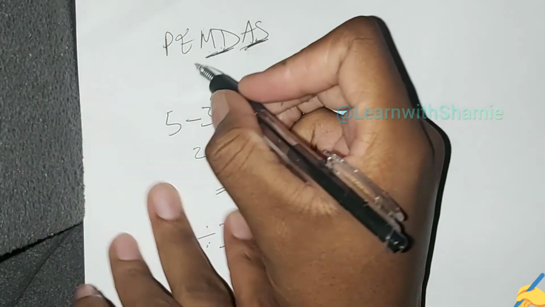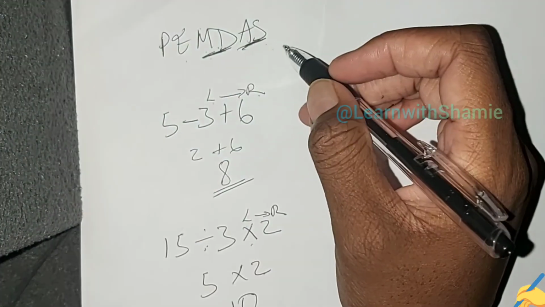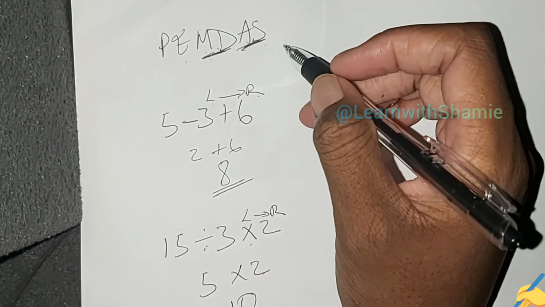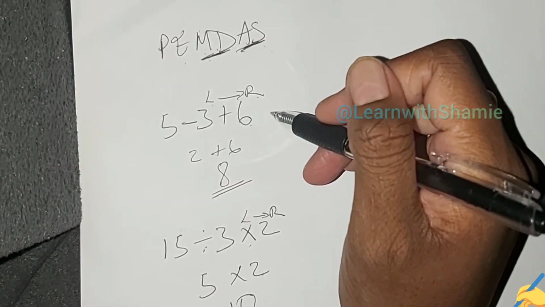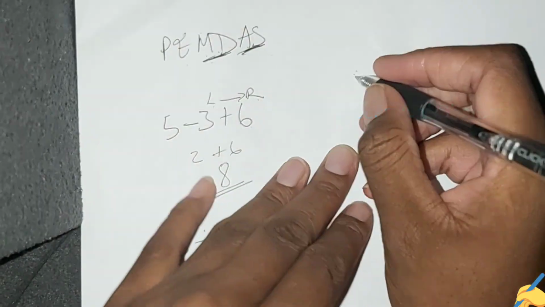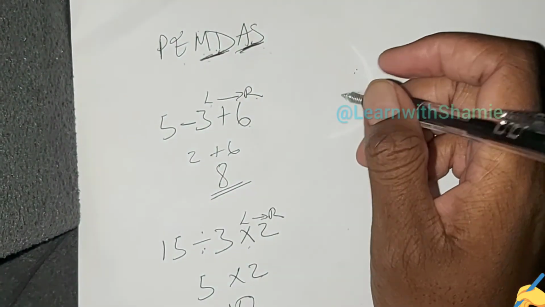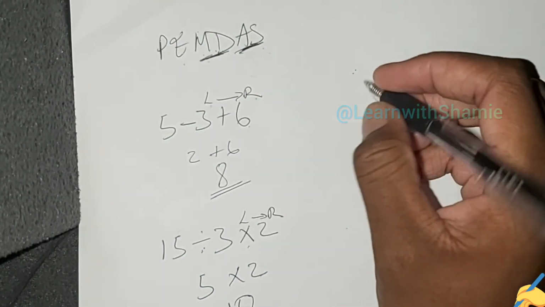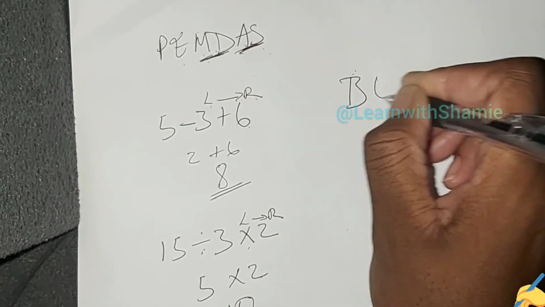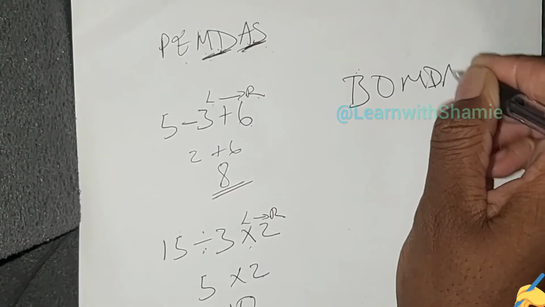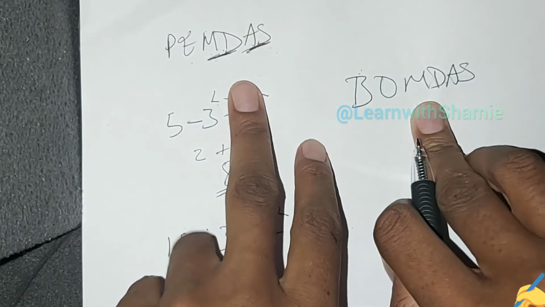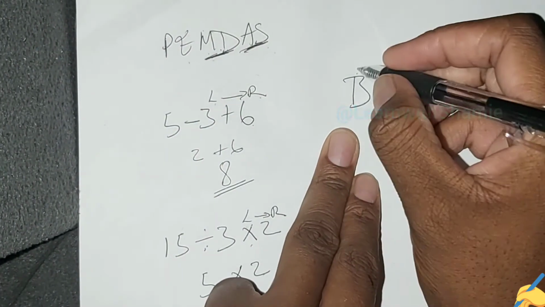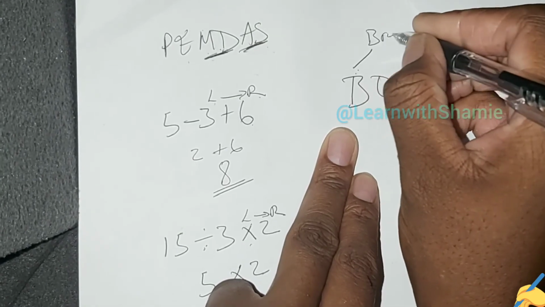So the acronym PEMDAS shows the order in which the operations of an equation should be carried out or solved. There's another acronym that is used in math, but I prefer to use PEMDAS. The other acronym would be BODMAS. If you see this acronym, it's basically the same thing as PEMDAS. The B would stand for brackets.